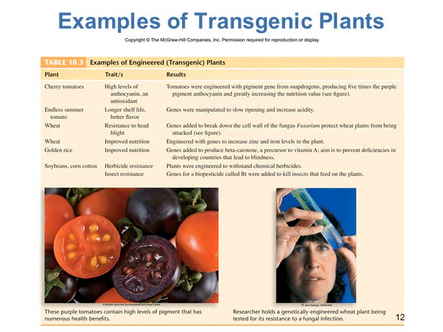So, examples of transgenic plants, and you can look in your book as well. We can modify plants to have higher levels of antioxidants, so we can increase the nutrition. We can give plants a longer shelf life.